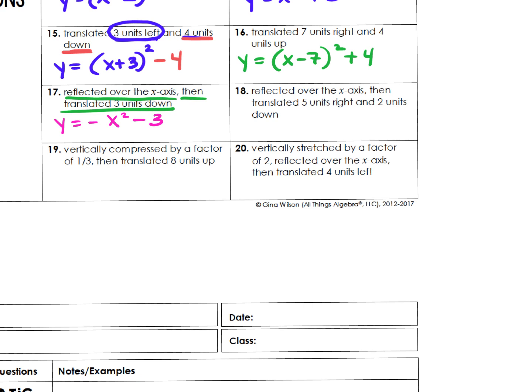You don't even need to put the parentheses around the x. Say it was a 1/5 out in front, you go 1/5 x squared, because you're just squaring the x, right? If it was square the whole thing, then you'd put parentheses around the whole thing, but you don't need it.